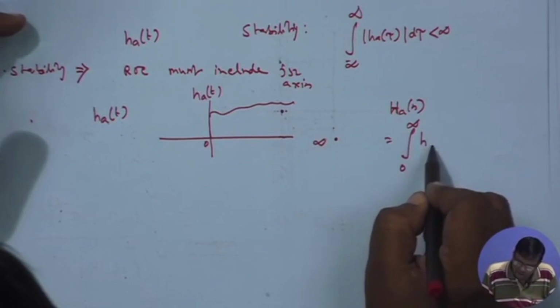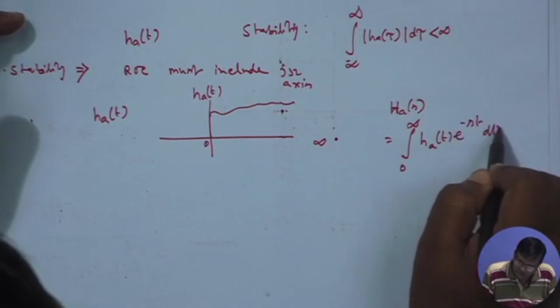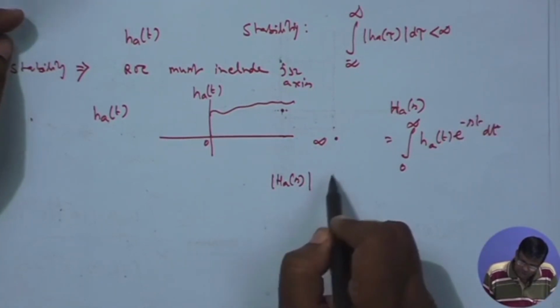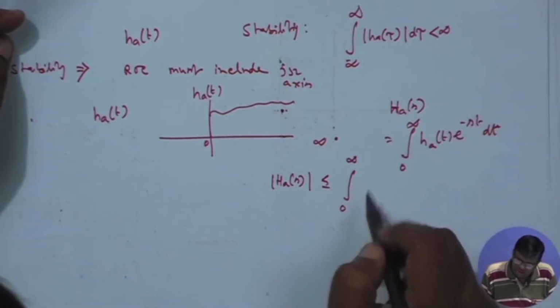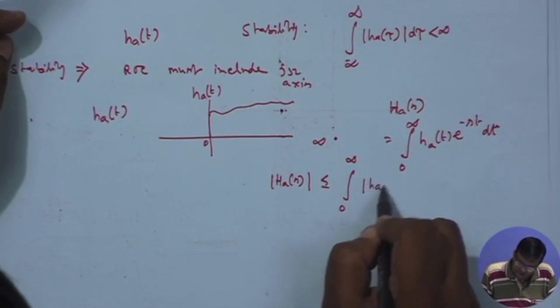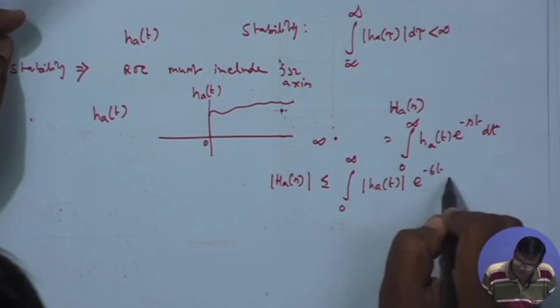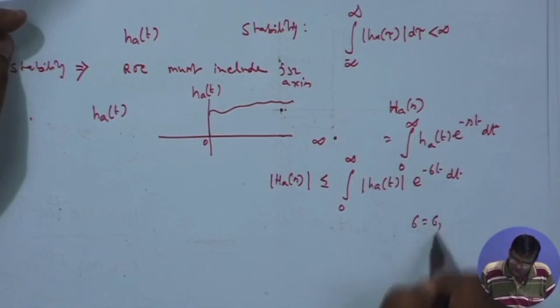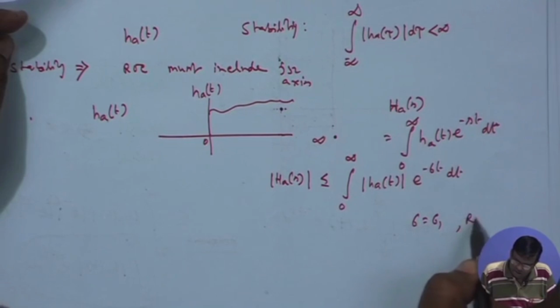So, no point in carrying on the integration on that side. H(s) is the integral of h(t) e to the power minus st dt, and therefore, mod H(s) is less than or equal to the summation of mod h(t) as before, and mod of e to the power minus st you have seen is just e to the power minus sigma t dt. Suppose for some sigma equal to sigma 1, this is finite, RHS finite.